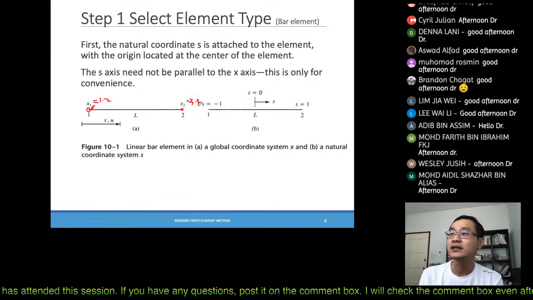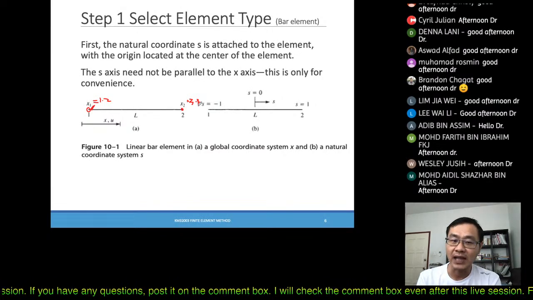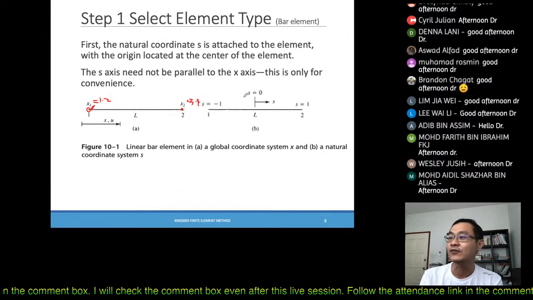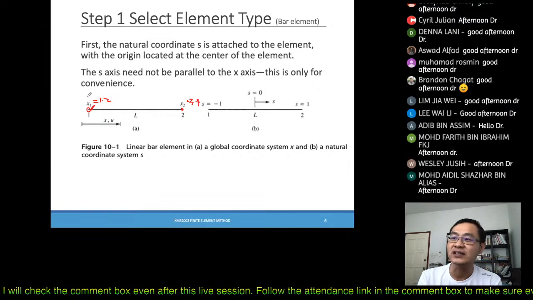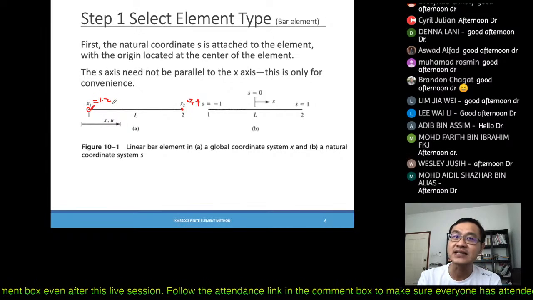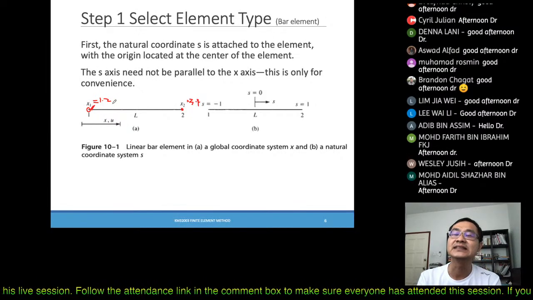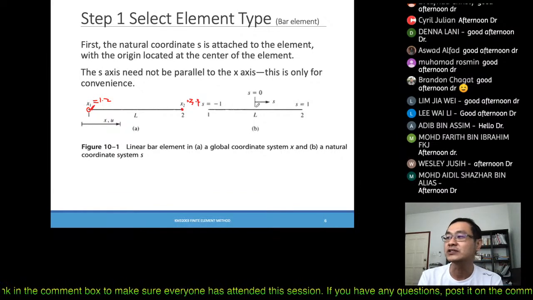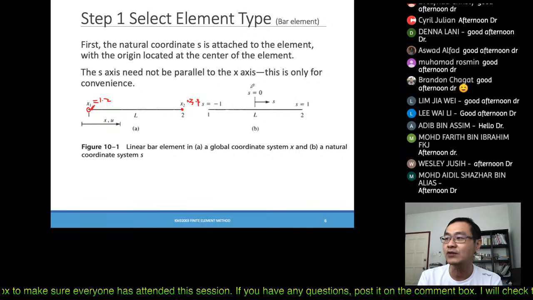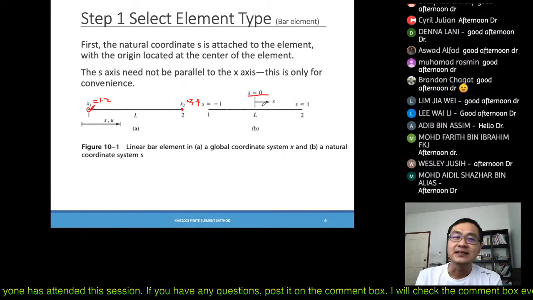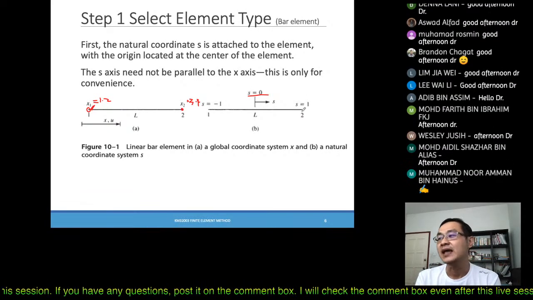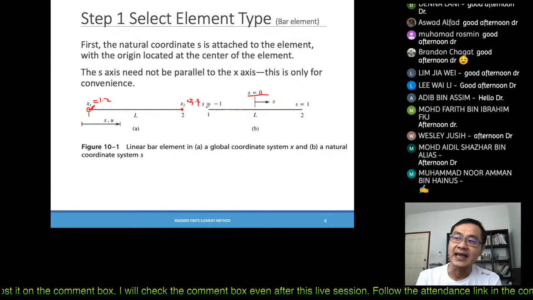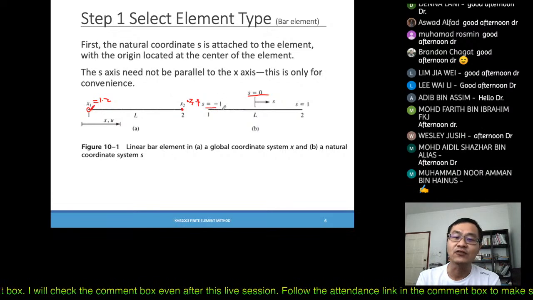But when we use a natural type of coordinate, we do not stick to the global coordinate. Instead, we put at the midpoint s equals 0, at one end s equals 1, and on the other end s equals -1, right?